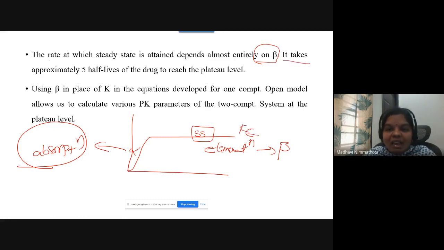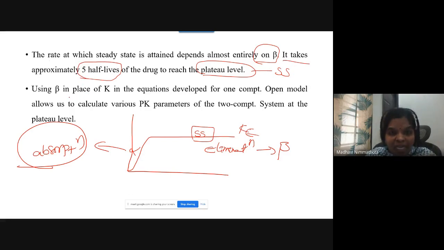Then it will take approximately 5 half-lives of the drug to reach the plateau level. Plateau level is your steady state level. Don't get confused, plateau and steady state are synonyms. So to achieve steady state it takes approximately 5 half-lives of the drug.